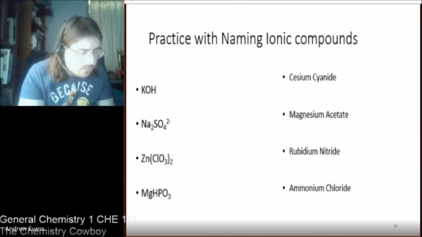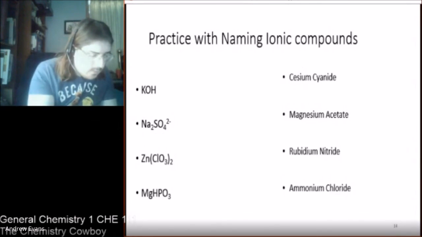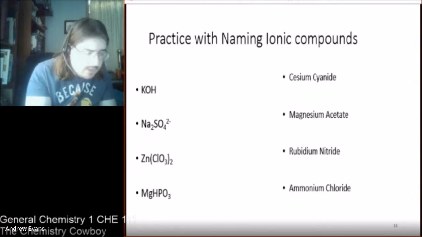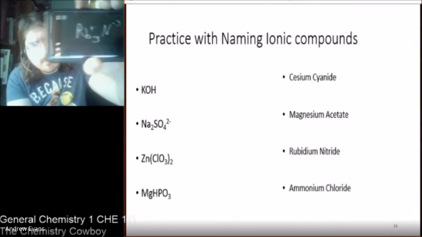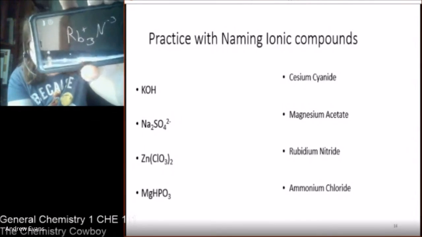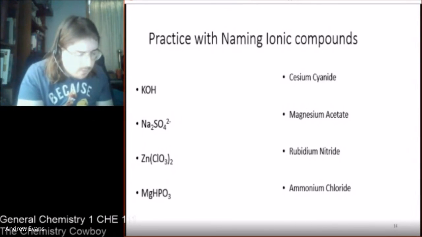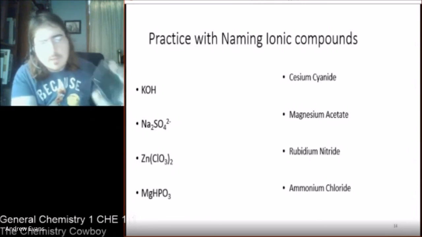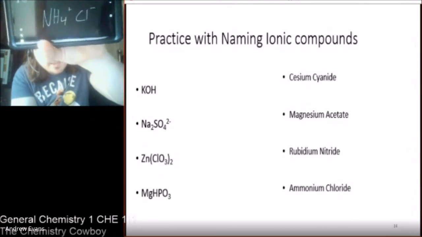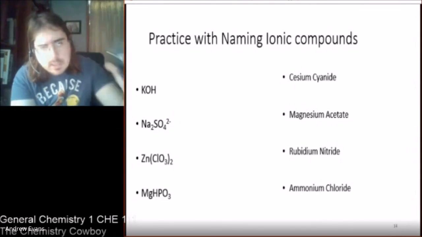Rubidium, which is +1, nitride, which is -3. So I'm going to triple the rubidium. And then ammonium chloride, I already did this one, but NH4 plus and Cl 1 minus. So I can keep it as NH4Cl.